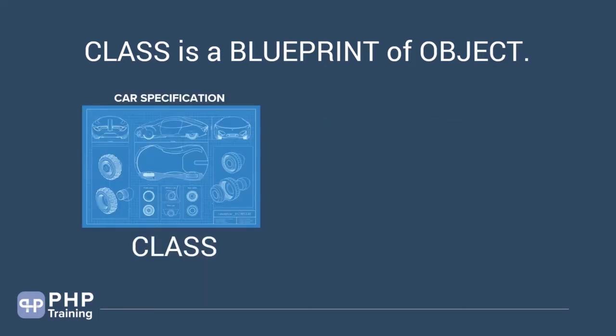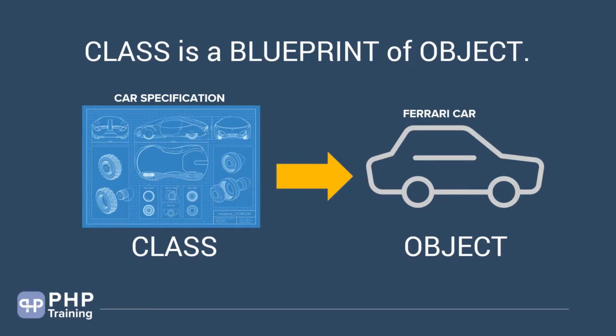Imagine you're trying to define a car. A car is an object. Then what is a class? A class is basically a specification. It's documentation, or it could be a definition of what things are required to make a car. So it's something like a blueprint where you define all the components of a car. And what is an object?